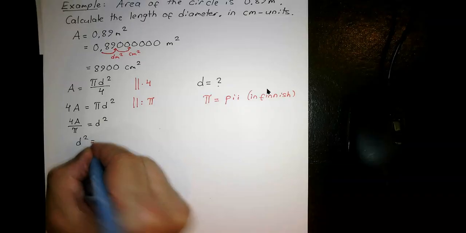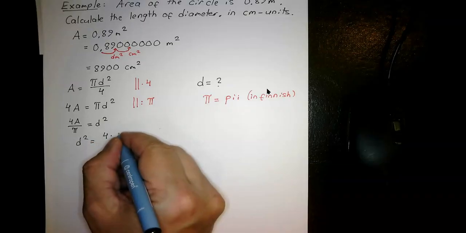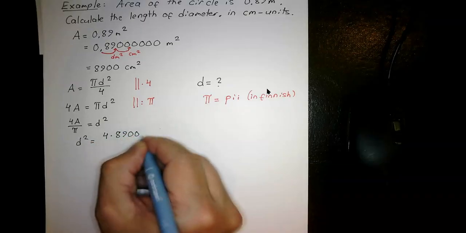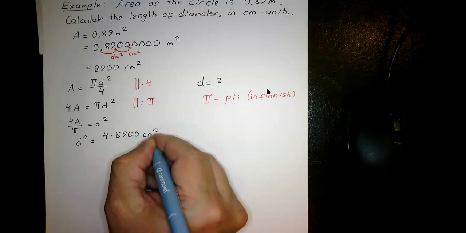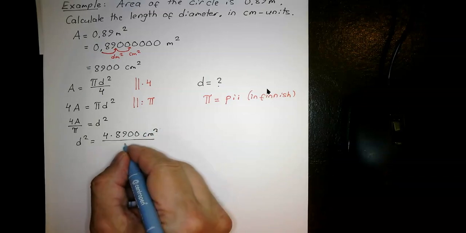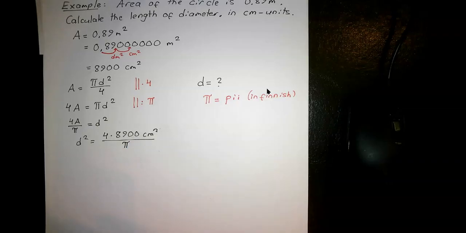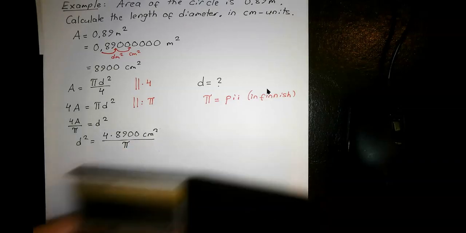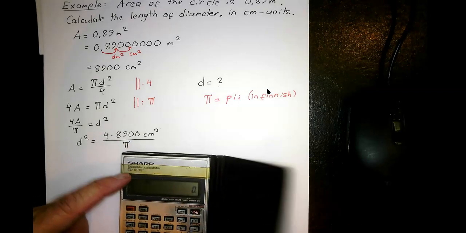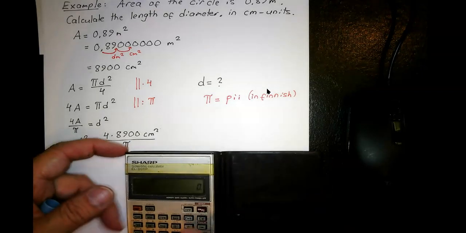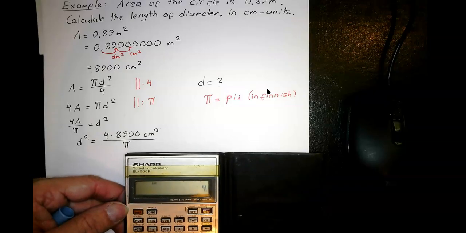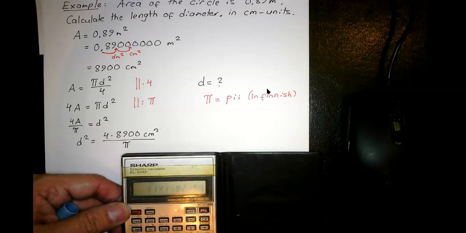So I will write it like this. Four times 890 divided by pi.